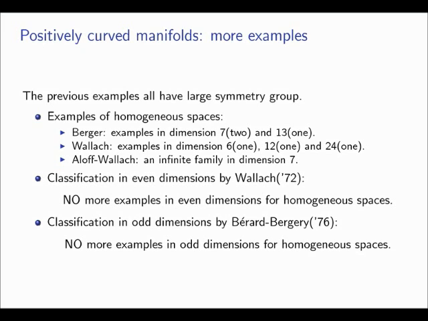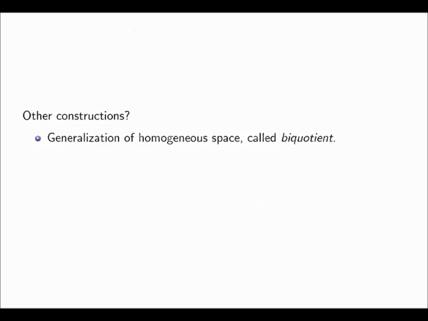Okay, then we can look at other constructions. One construction is called the biquotient. The biquotient is a generalization of the homogeneous space. So we look at the homogeneous space: from one point, you can get any other point by an isometry. All the isometries give you a group, the group G, and then at one point, you look at the elements that fix that point.